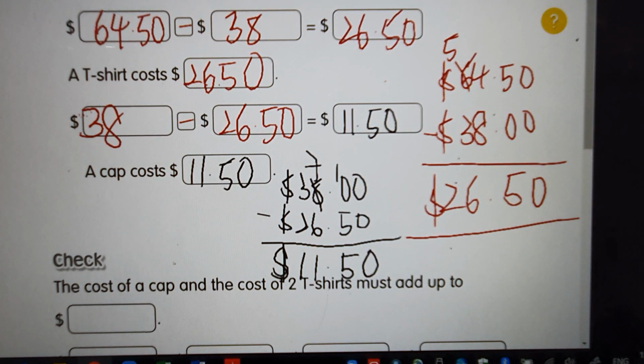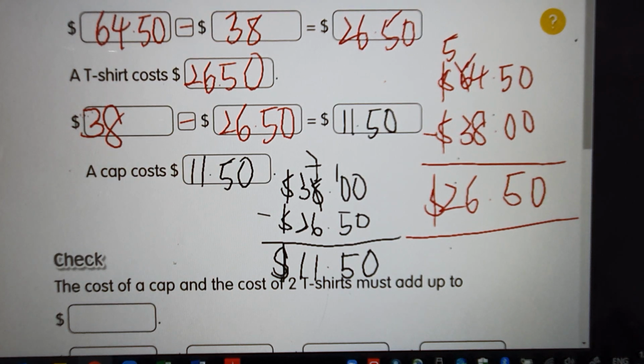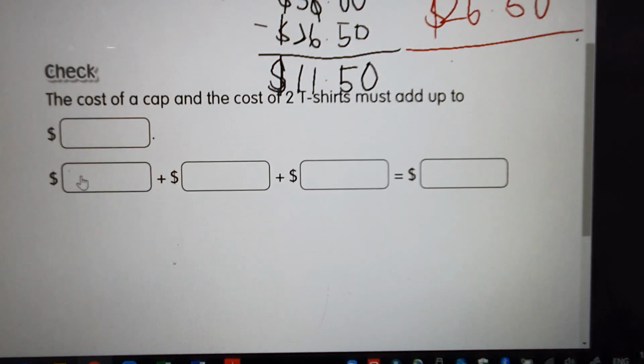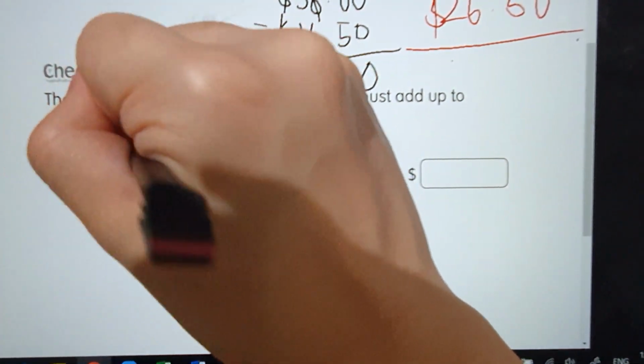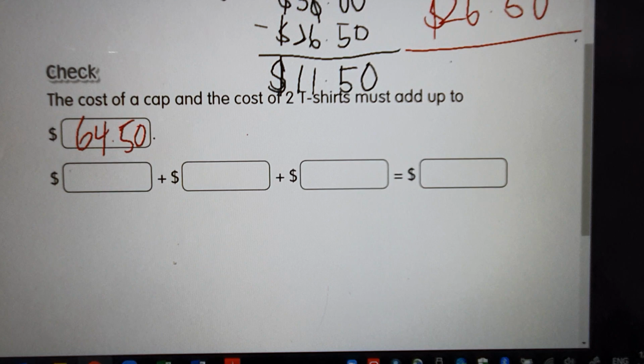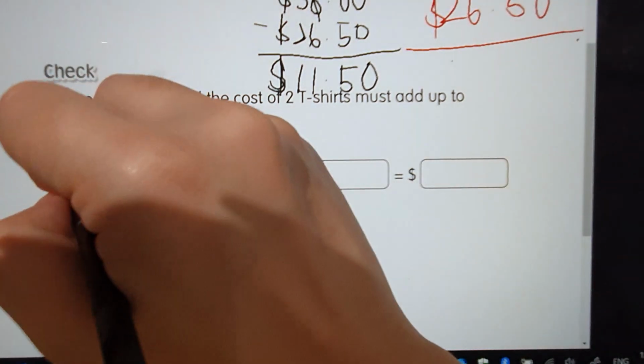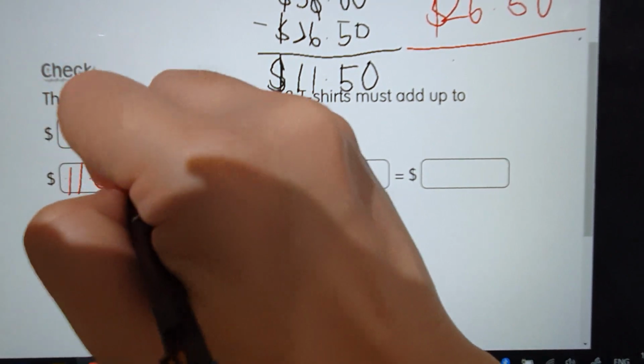Okay, and then now we know that given in the question, your total cost of your 2 t-shirts and a cap needs to add up to $64.50. Okay, you already found the price of one cap. You also know the price of the t-shirt. So price of a cap is $11.50.